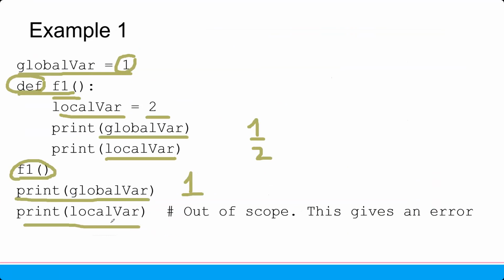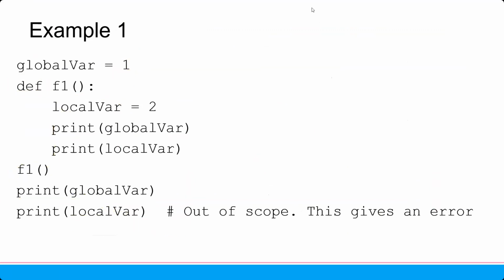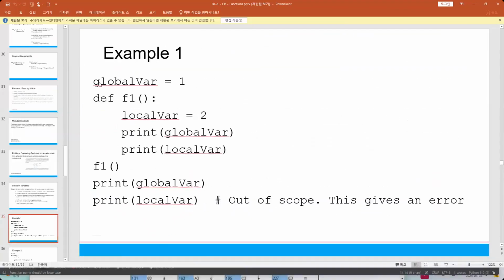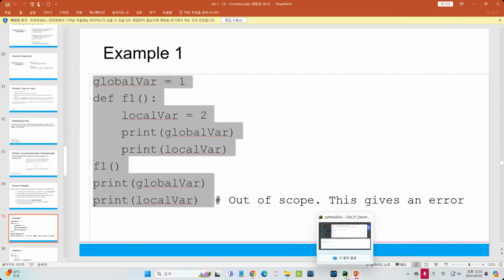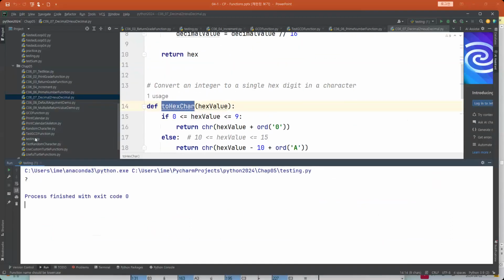Here we want to print the local variable. Is it possible? Because the local variable is located in the function f1, and we never declare this one outside the function, we cannot show the result. We cannot show the value of the local variable. Let me check this one.